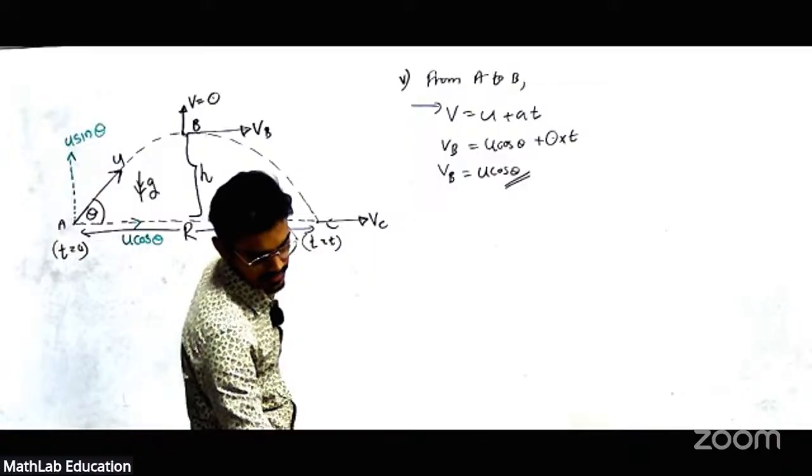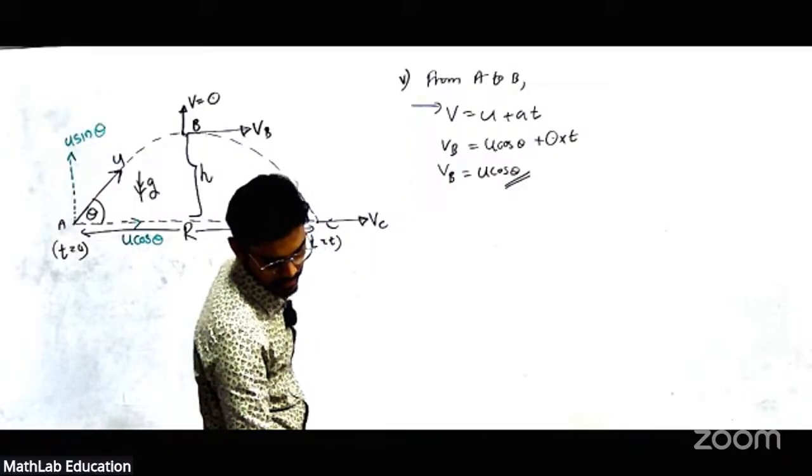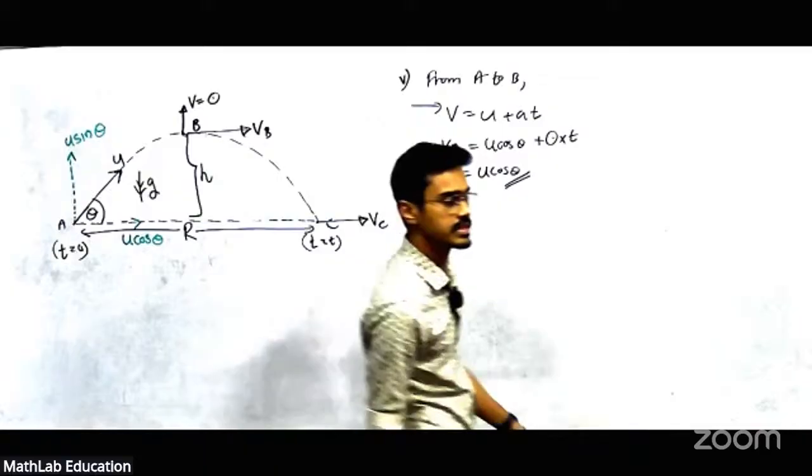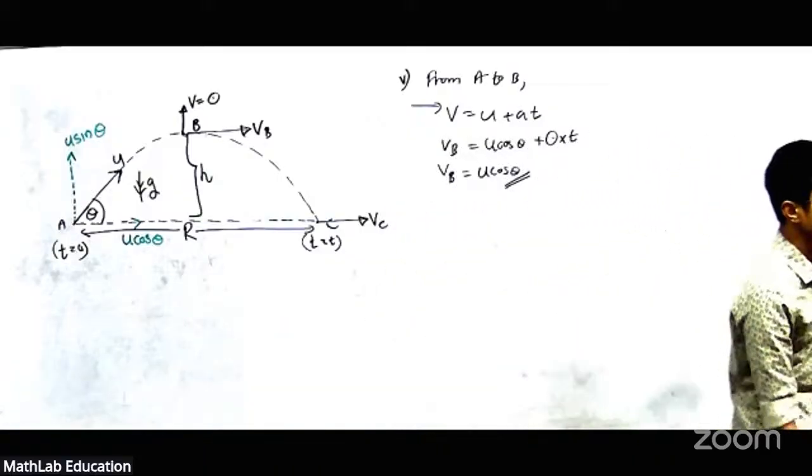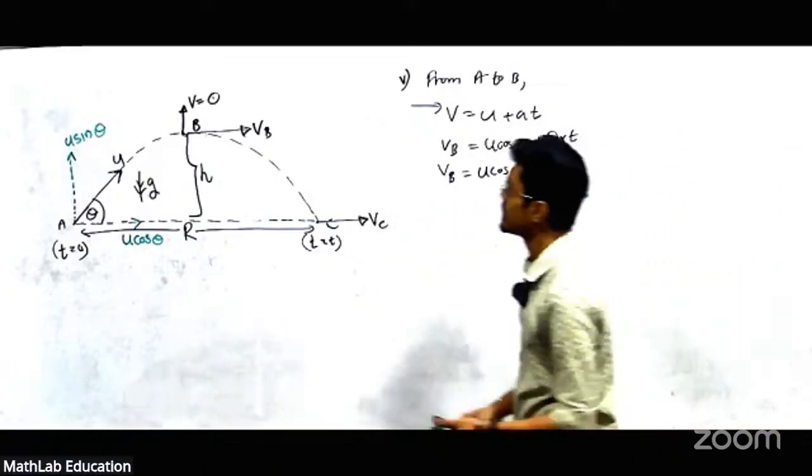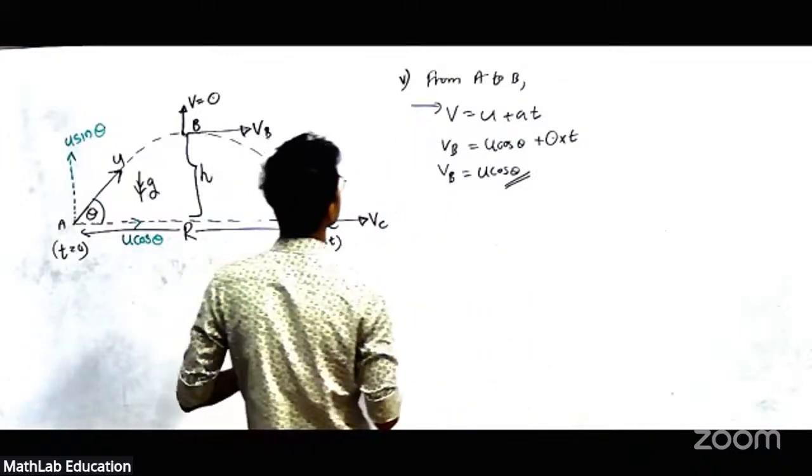So the easiest way to get that is V equals U plus AD. Similarly, you can find the velocity at C as well. Use any 2 points.